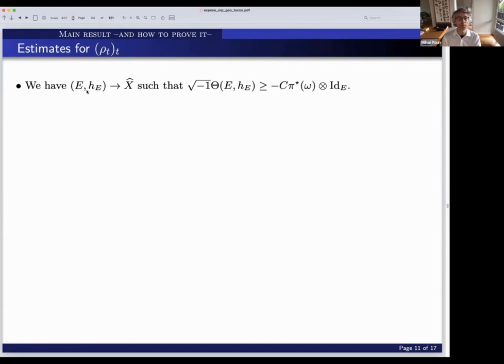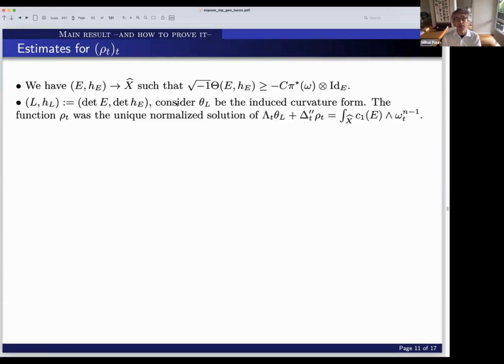Remember that we have this data, so the curvature of A E with respect to the background metric is bounded like that. And I recall that rho t was the normalized solution of this Laplace equation here.